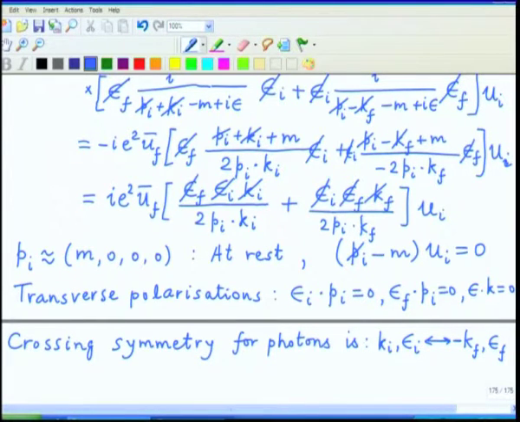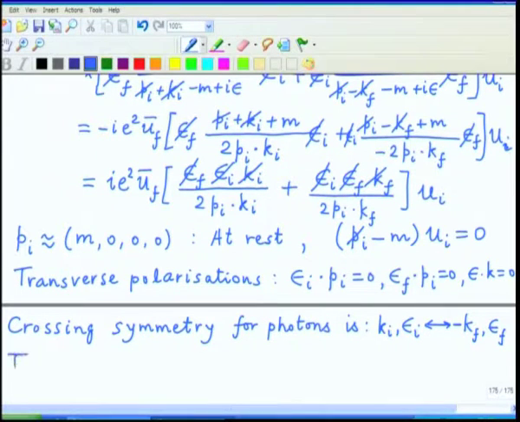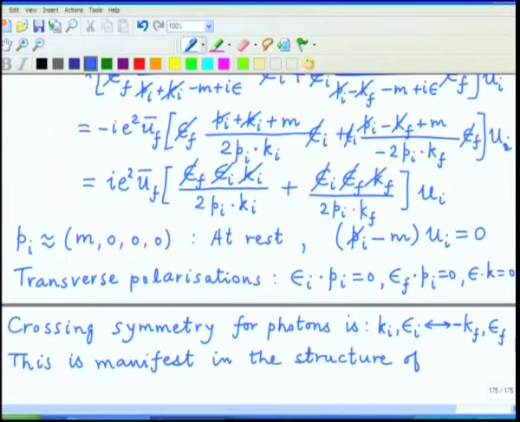So, the sign essentially cancels out. So, in this particular form, even this crossing symmetry is manifest in the structure of T_fi.